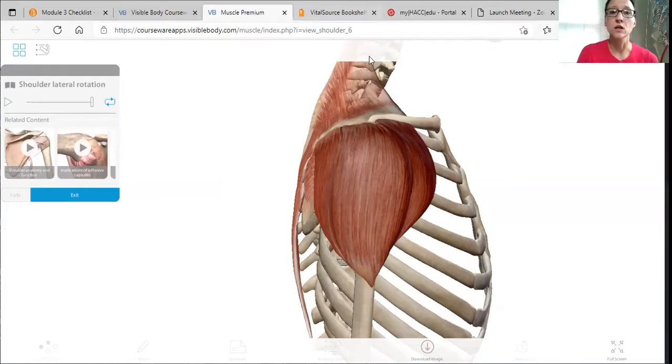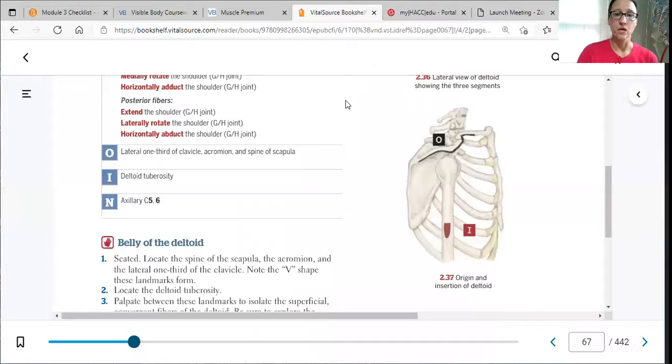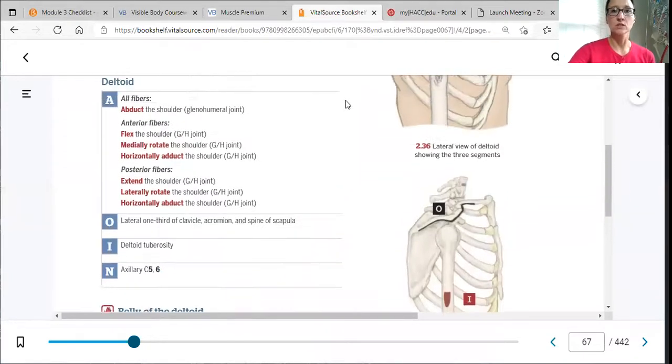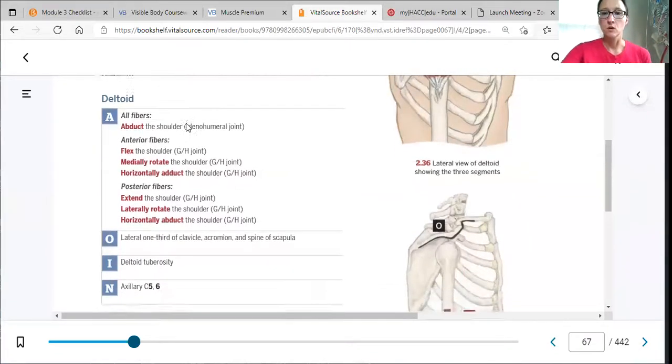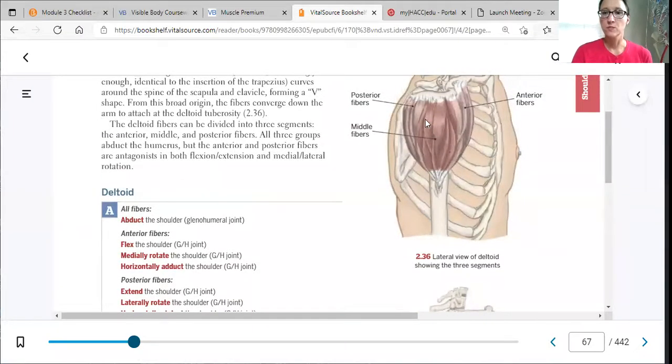Okay, so let's go to the actions, right? We're going to use the origin and the insertion to determine the actions here. So the whole of deltoid has an action. So we have all fibers right here. That means anterior, middle, and posterior. All fibers abduct the shoulder. So if we're talking about these being like rubber bands, this spot right here going towards the origin, right?